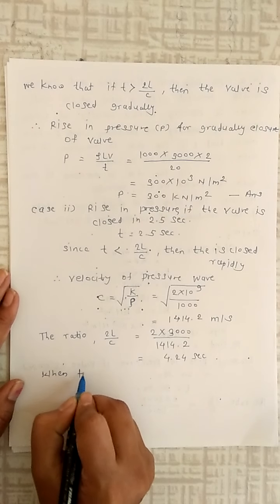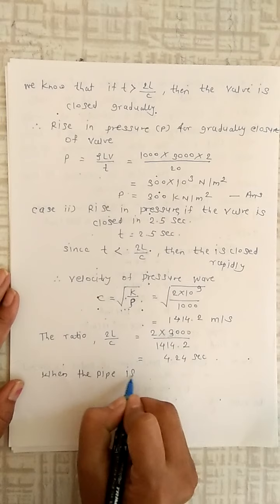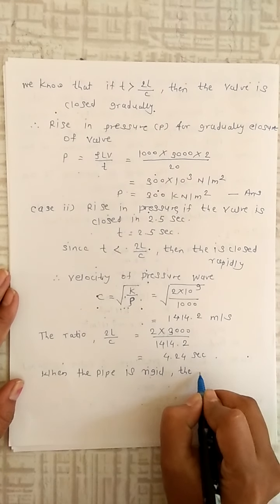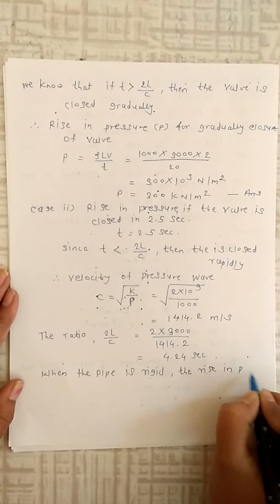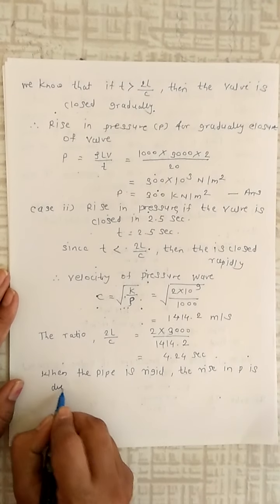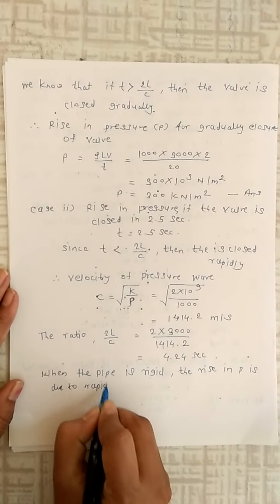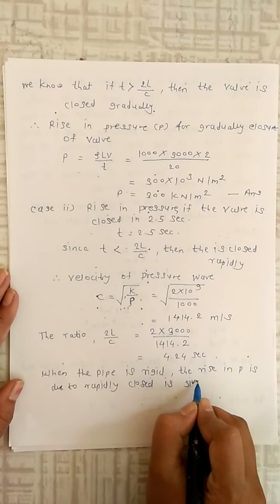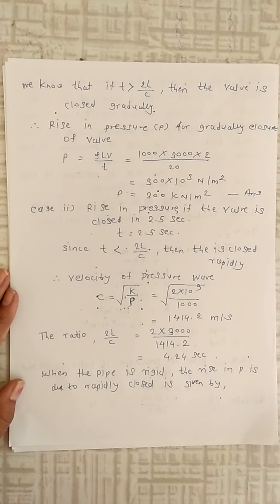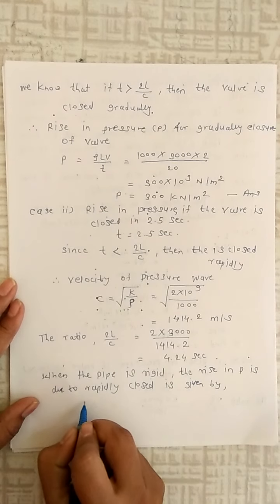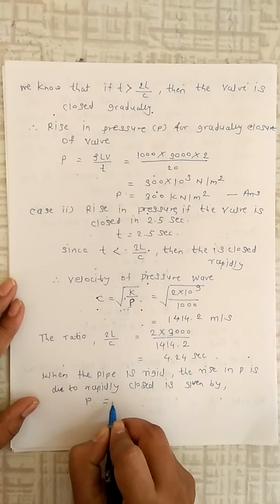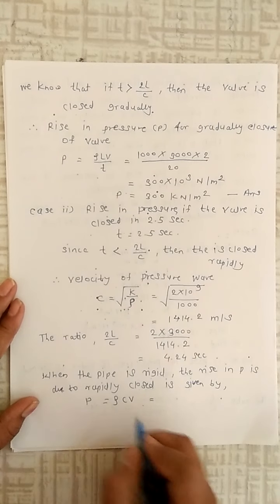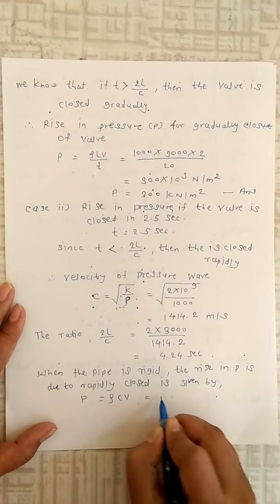Okay, now finally we write, when the pipe is rigid, they are giving the material as rigid, so the rise in pressure due to rapid closure is given by the formula P is equal to rho into C into V. So rho is the density, C is the velocity of a pressure wave, and V is the velocity of the water.